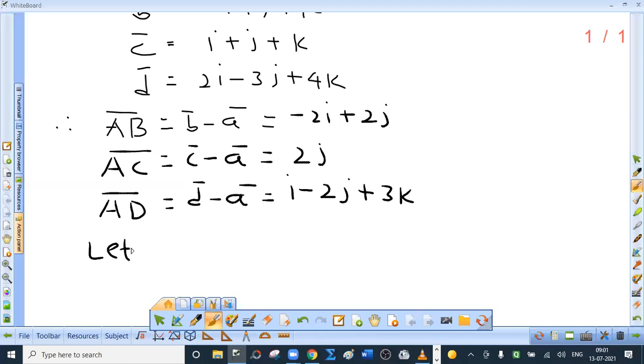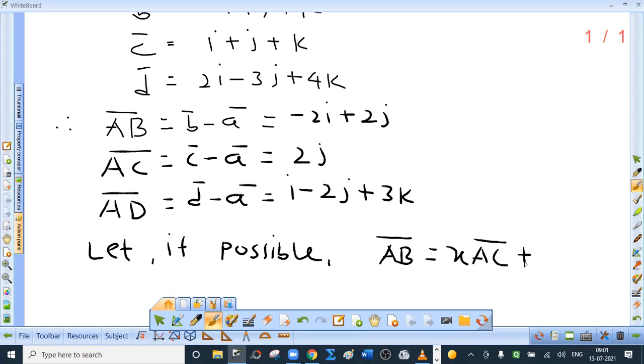Now you have to say, let, if possible. See, we are asked to verify. We are not asked to prove that the points are coplanar. Are the points coplanar? Justify your answer. So we will say, let, if possible, AB bar equal to x AC bar plus y AD bar.